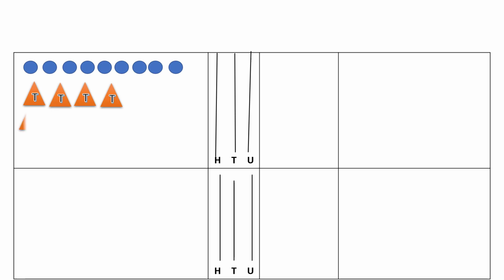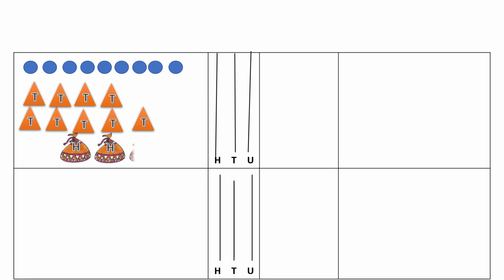In this example, hundreds are 4, tens are 9, and units are 9. So we string 4 beads in the hundreds wire, 1, 2, 3, 4.